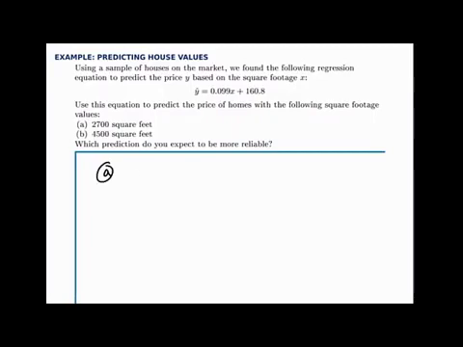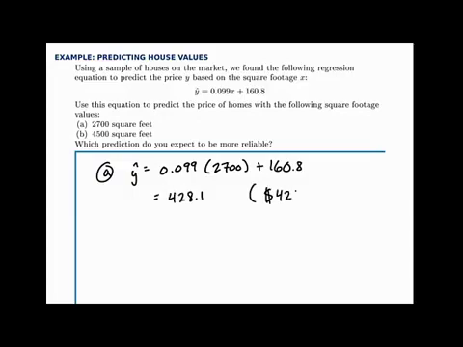In the first case, we have y hat equals 0.099 times 2700 plus 160.8, which works out to 428.1. So that corresponds to $428,100.